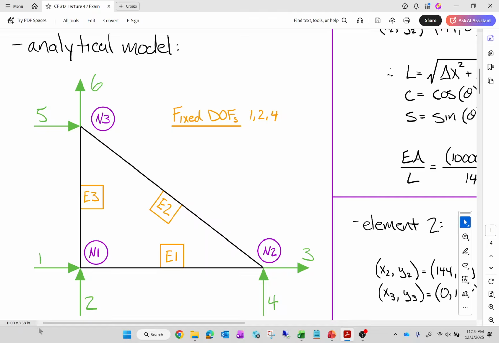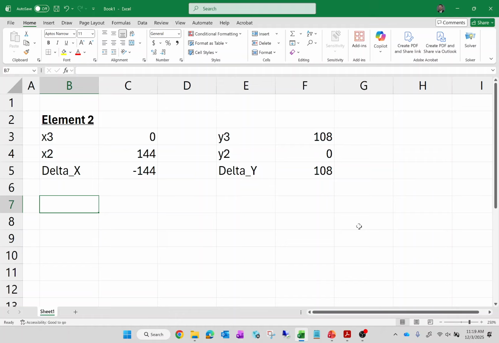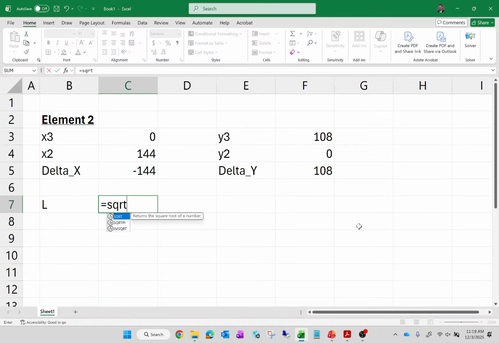Okay. So just to reiterate those computations in Excel, I put together a nice little Excel sheet right here, and so I have x3 and x2, y3 and y2. So I calculated my delta x and my delta y. So let's calculate L as the square root of that.